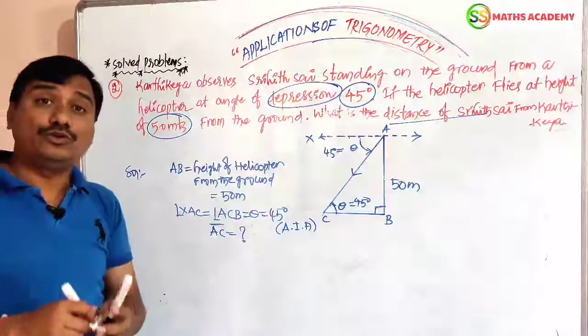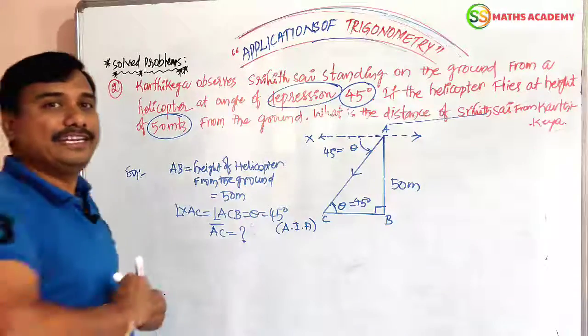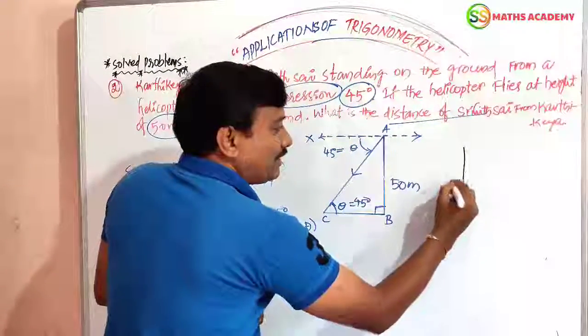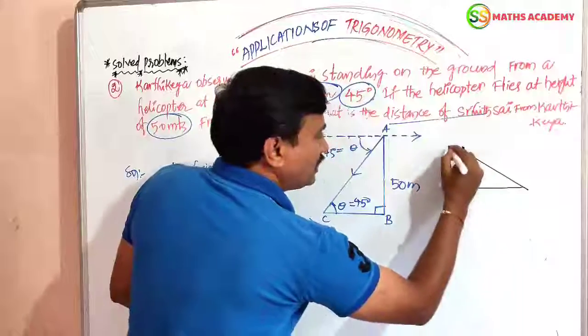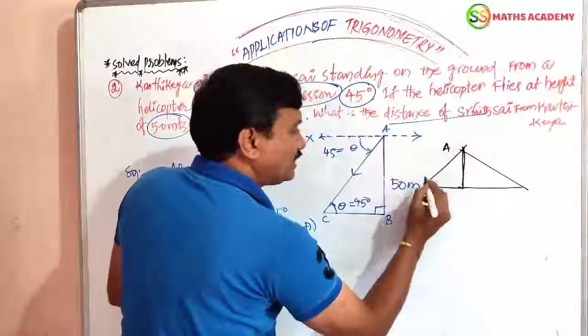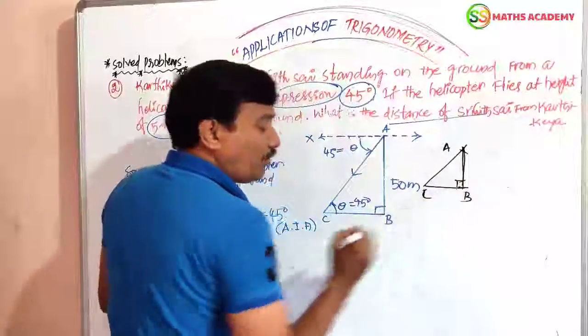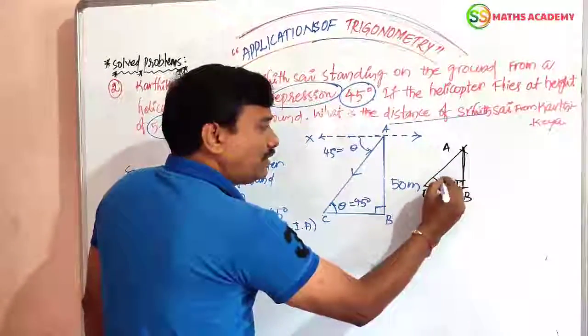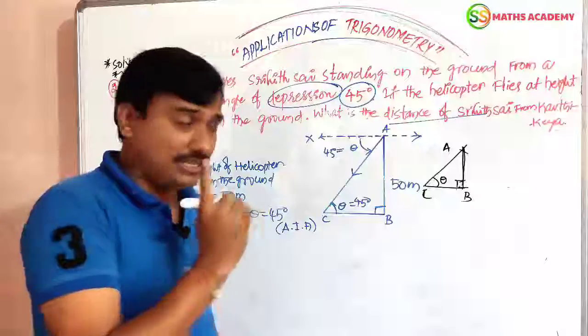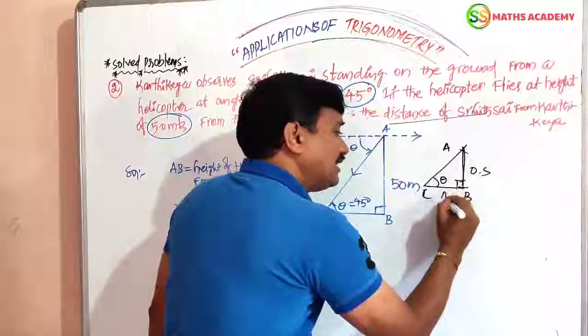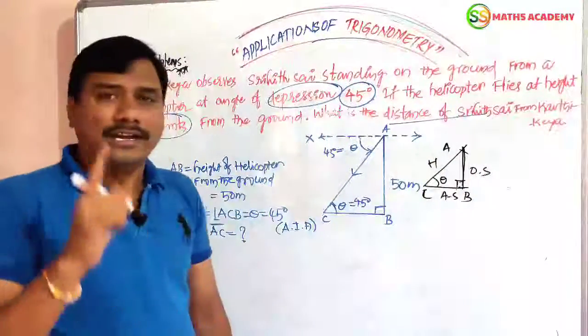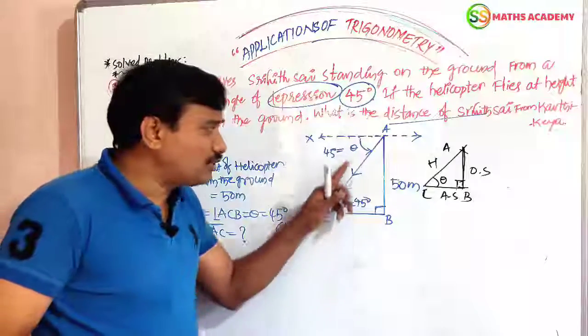Now we have to use the concept of the trigonometric triangle. Dear friends, I have to draw triangle ABC like this. Now in this we have to mark theta here. This is the opposite side, this is the adjacent side, and this is the hypotenuse. Dear friends, you should observe what is being asked.